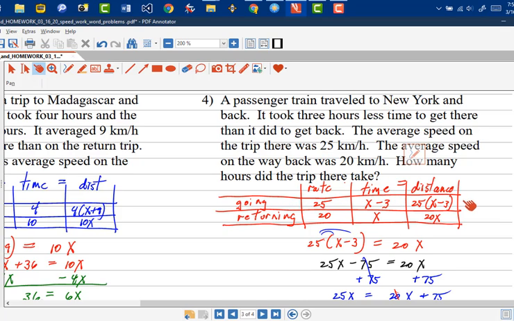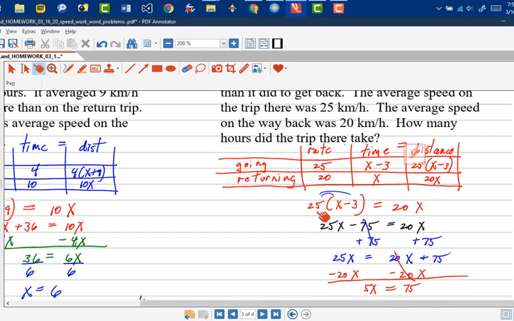So I multiply straight across to get my distance expressions. 25 times (x minus 3) going, 20x returning. So these distances are equal, so I'm going to set 25 times (x minus 3) equal to 20x, and that's my equation that I need to solve for x.